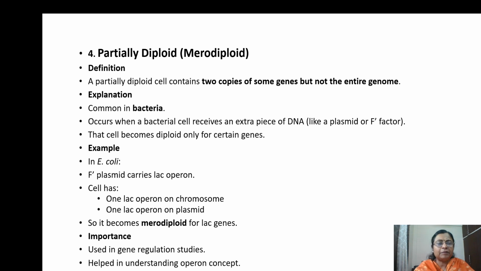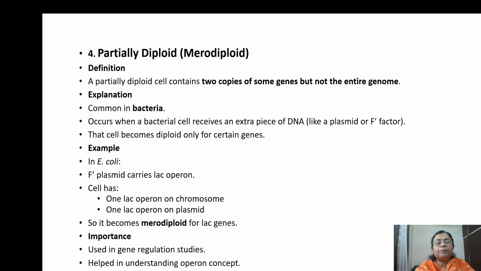It is very common in bacteria. It occurs when the bacterial cell receives an extra piece of DNA, meaning plasmids, as we know, extra chromosomal material, or when they possess the F plus factor.